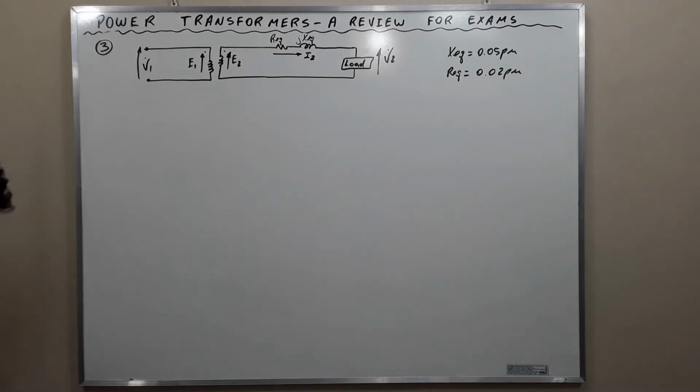Find the full load voltage regulation at 0.8 lagging power factor if the primary voltage is 3,300 volts.